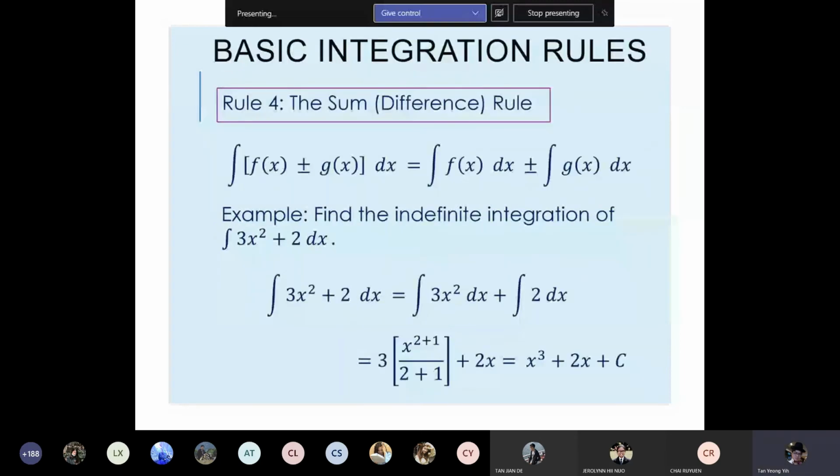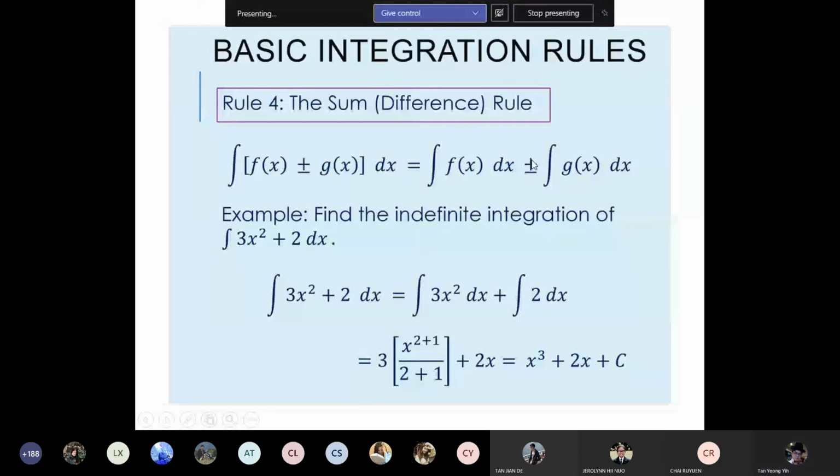Now rule number 4 is called the sum or the difference rule. It says that when we have two functions of x, something x, plus or minus another function, something x, we integrate them separately.